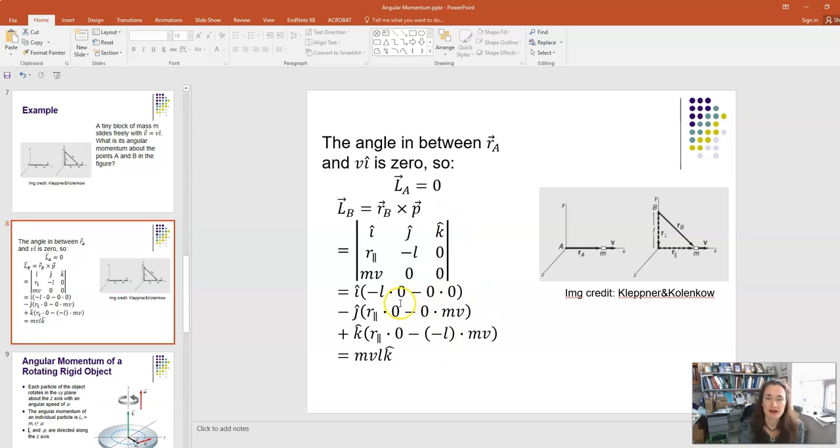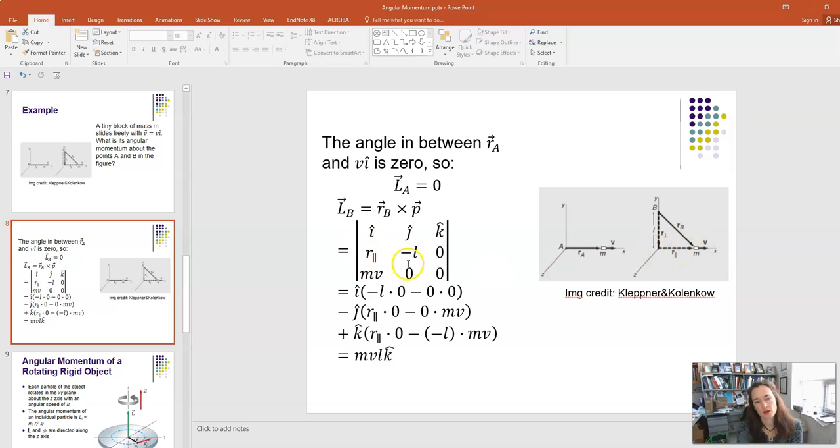If you don't remember that, make sure you go back and watch the cross product video to refresh your memory on how to do this. So what we do is we put in the top row our unit vectors, i hat, j hat, and k hat. In the second row, we put the components of the first vector, which here is the position vector r_B. Now, it doesn't really tell us where on the x-axis this is, so I just called this distance from the origin to the point in question r parallel.